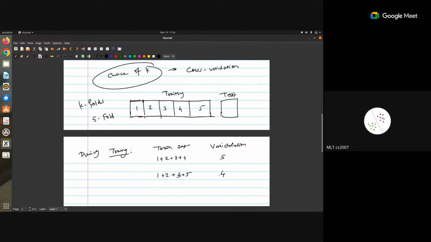If you have n data points in your data set and you divide that into 5 folds, how many data points will be there in each fold? Like n by 5, right? So if 1000 data points are there, each fold will contain 200, right? Correct?